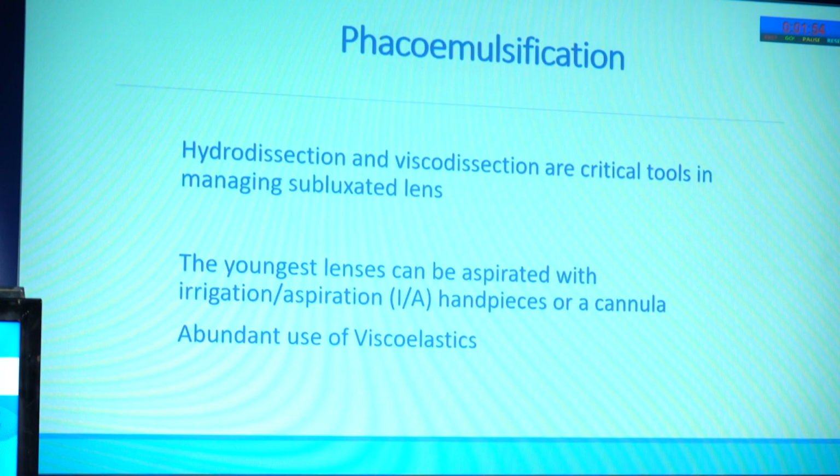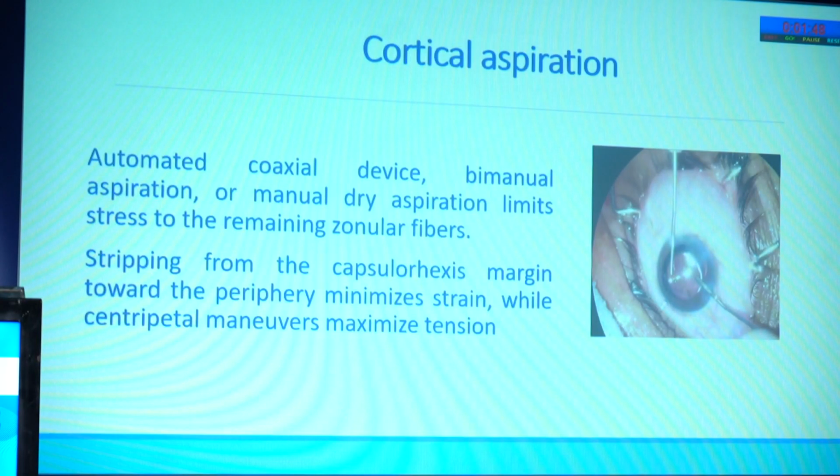The youngest lenses can be aspirated with irrigation aspiration handpieces, and abundant use of viscoelastics is a must. Good care has to be taken during cortical aspiration. The aspiration should be from the anterior capsular rim edge towards the equator and should not be done directly from the equator, centripetally. That might increase the zonular dialysis.